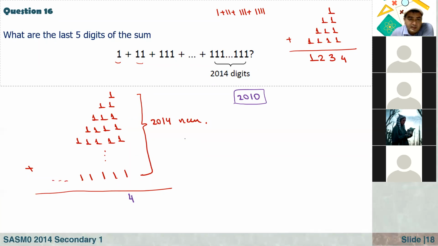Put here. Now I will add the second column. Now tell me, in the second column, tens digits, how many ones do we have? In the second column, how many ones do we have?